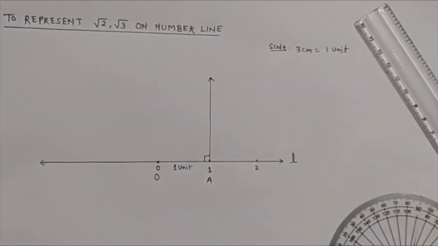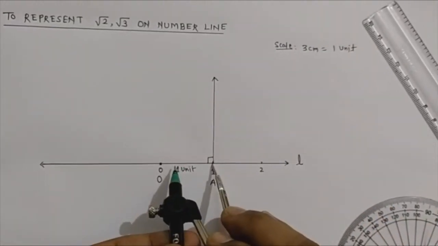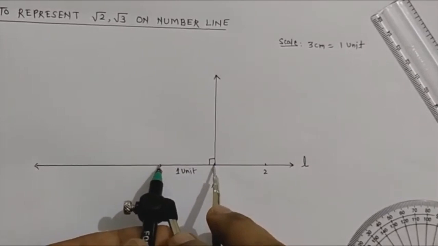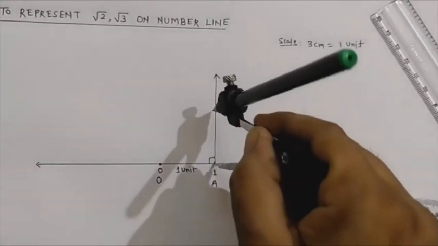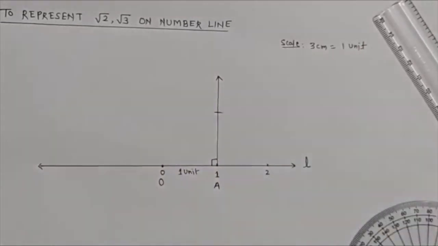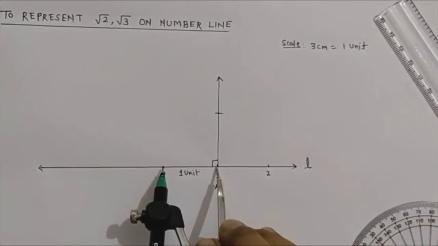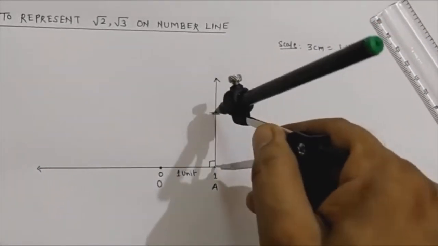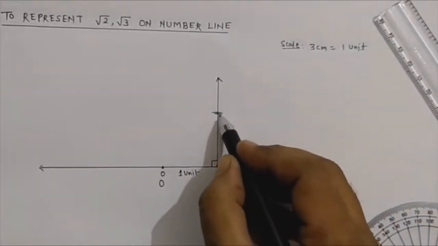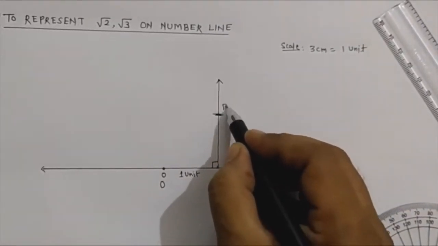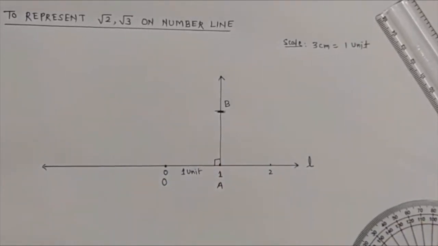Keep the compass on point A, take the distance of 1 unit, which is 3 centimeter, and cut an arc here. So I repeat once again, keep the compass on point A, take this distance and cut an arc. Now this is point B.